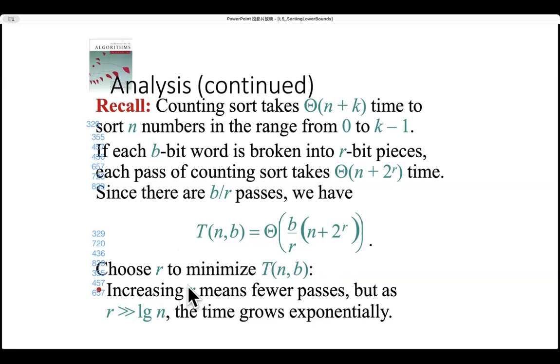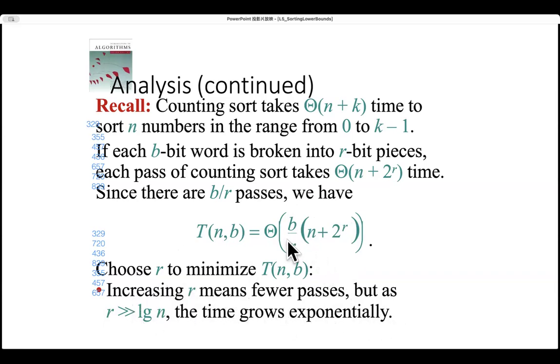Obviously, increasing R means B divided by R will be smaller. But at the same time, we are increasing n plus 2 to the power of R. Once R is much larger than log n, the time grows exponentially.